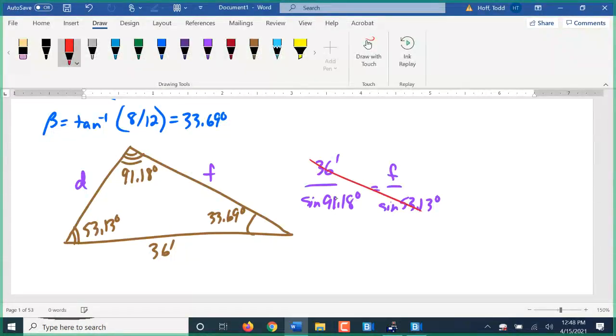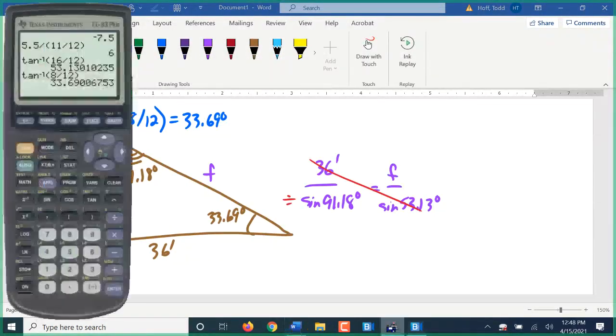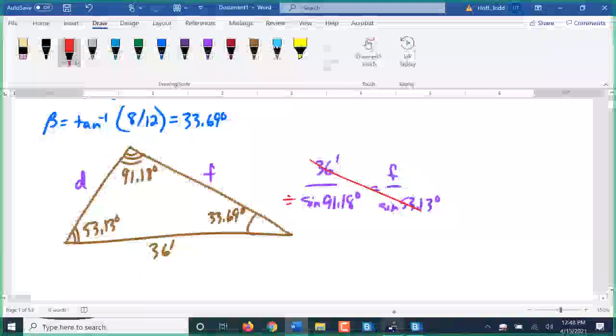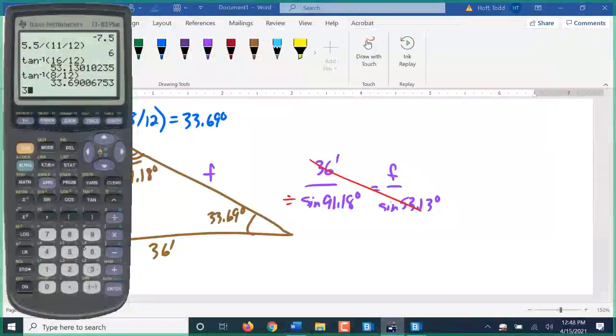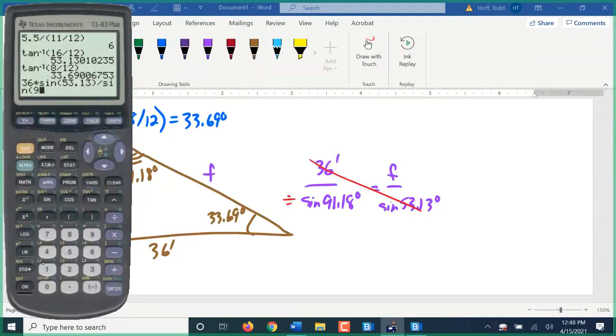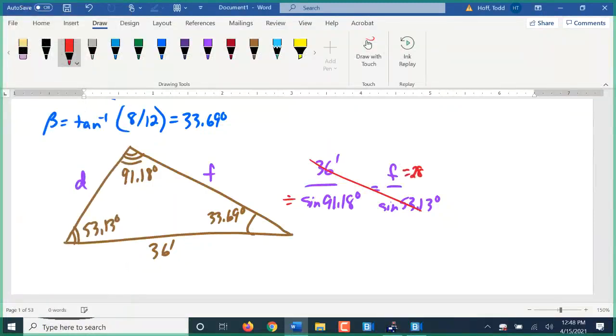I can cross multiply and divide to find F. 36 times sine of 53.13, divided by the sine of 91.18 gives us 28.81 feet. That's F.